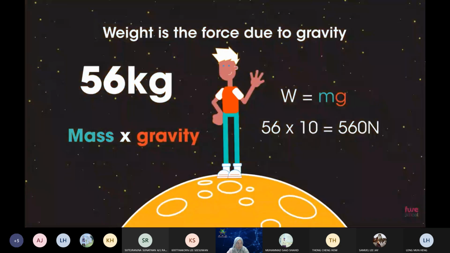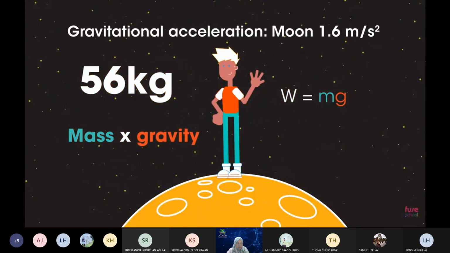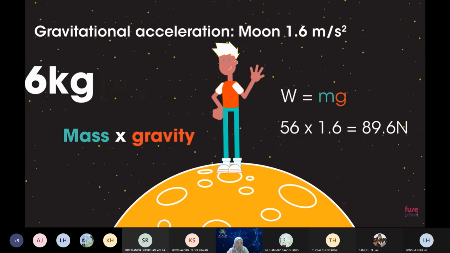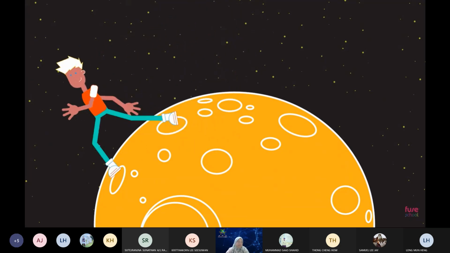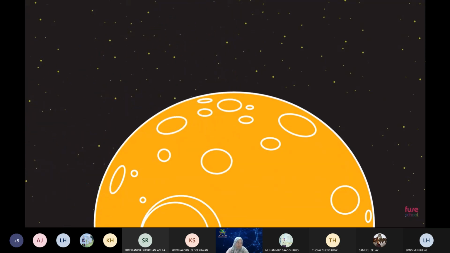But what about on the Moon? The gravitational acceleration on the Moon is only 1.6 meters per second squared. I hope you got 89.6 newtons. So, you would feel very light on the Moon, and if you try to walk, each step would send you leaping away from the surface.